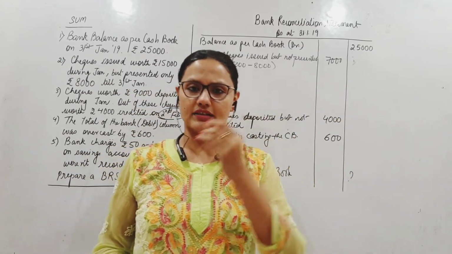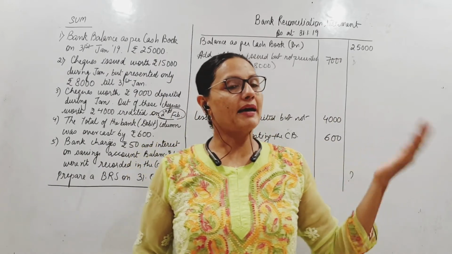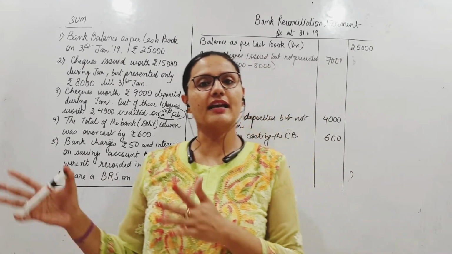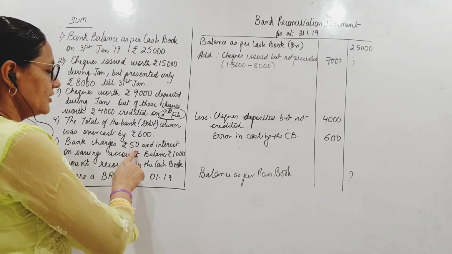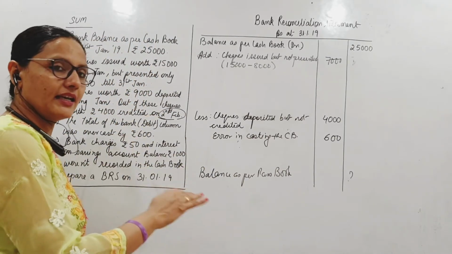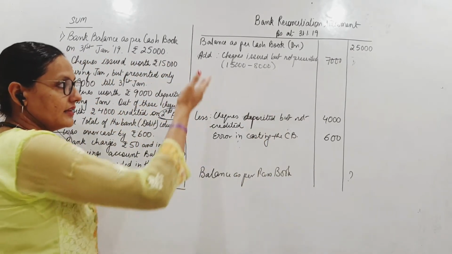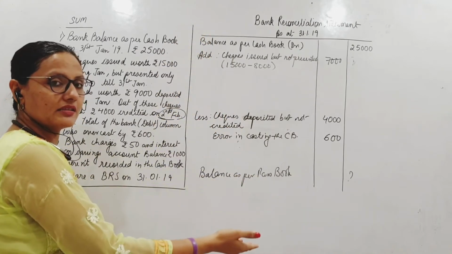ऐड कर दिया, इंटरेस्ट दे दिया बैलेंस पे 1000, पासबुक बैलेंस बढ़ गया, बैंक चार्जेस were deducted, पासबुक बैलेंस went down, nothing is happening on the cash book side, you are not recorded. So 50 rupees bank charges, when bank deducts, the passbook balance will go down, so I will less. Cash book में तो record नहीं हुआ ना, it has not gone down by 50 rupees, that is more, this is less.